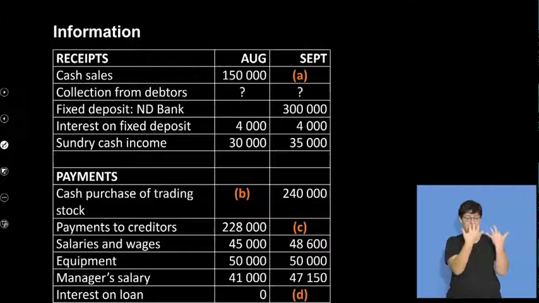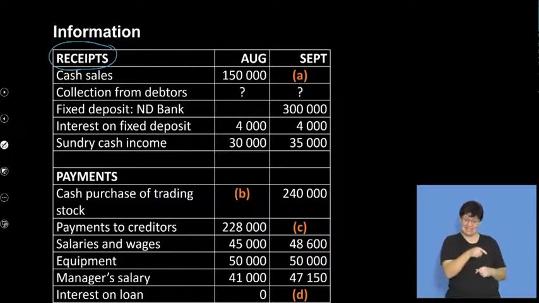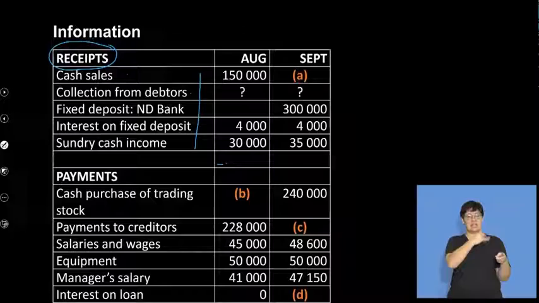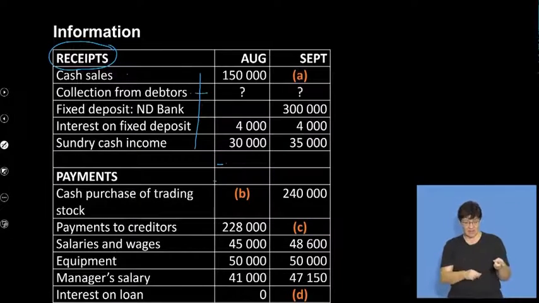Remember, under your receipts, you're going to have all your cash items: cash sales, collections from debtors. In the previous segment, we did the debtors collection schedule. That schedule will fit into my cash budget. Can you see collections from debtors? Obviously, we calculated those figures, so they will fit into my cash budget.